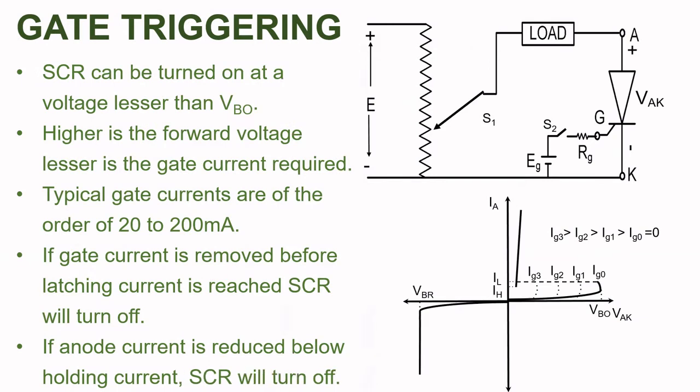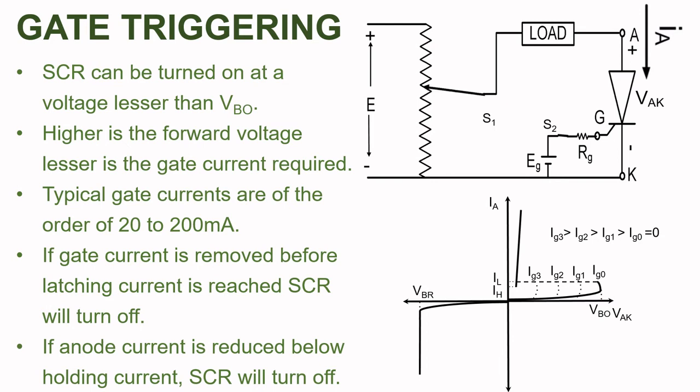Let us see some important points regarding gate triggering of SCR. SCR can be turned on at a voltage lesser than VBO, the forward breakover voltage. This can be seen from the animation shown in the figure.